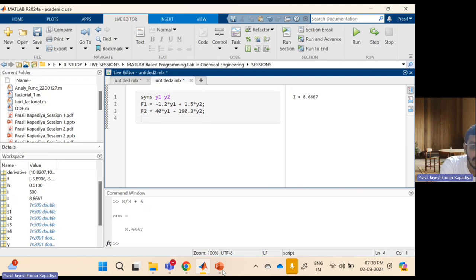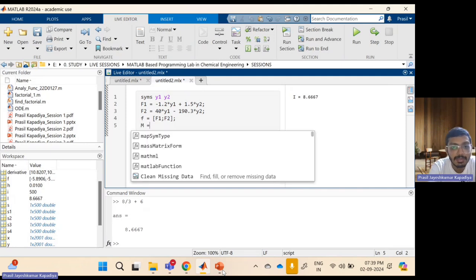Now I will write F is equal to f1, my first equation, semicolon f2. Now what I need to do first is find the Jacobian of my F with respect to my two variables y1 and y2.